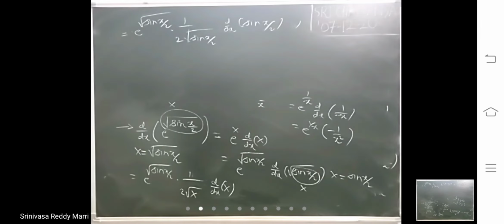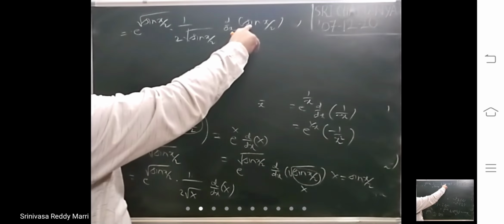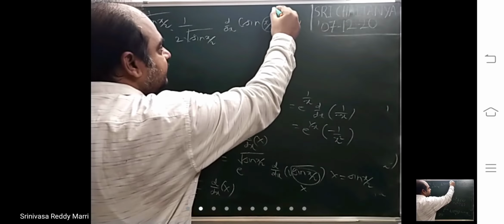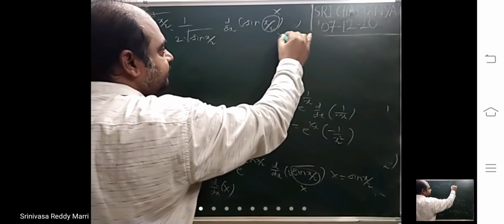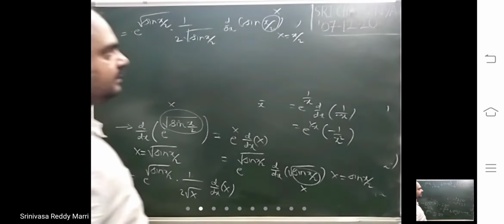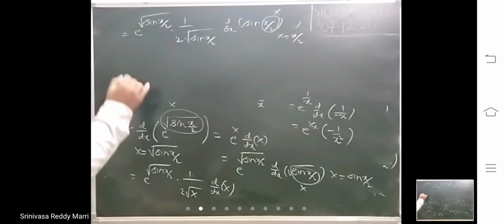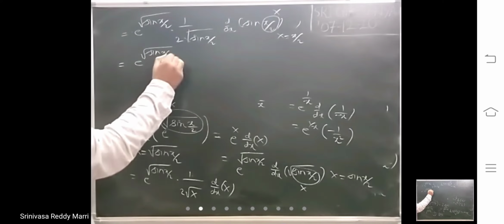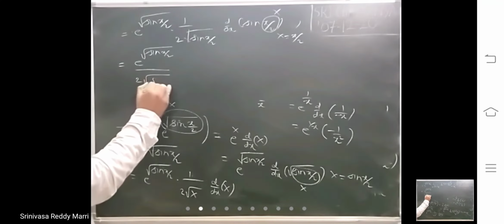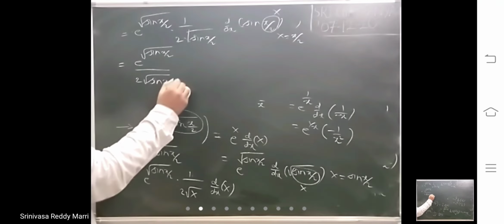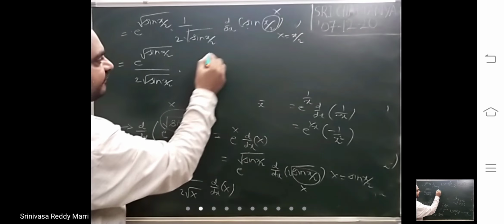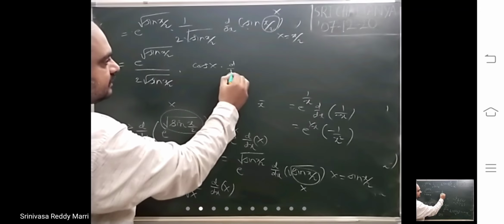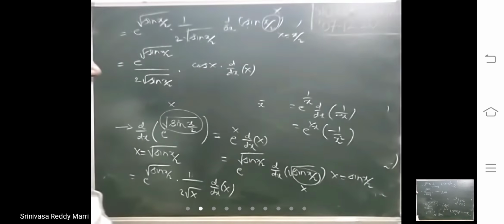Now you know the sin rule, sin x you know, but x is not there, so treat it as capital X. Again in the third step, the sin capital X formula you know, cos capital X, divided by 2 root sin x by 2, into d by dx of sin x, which is cos x into d by dx of capital X again.